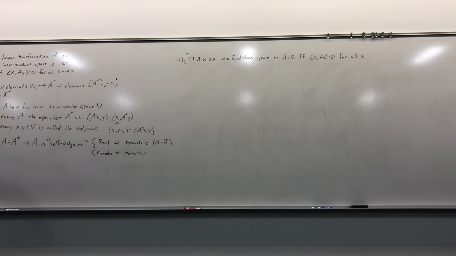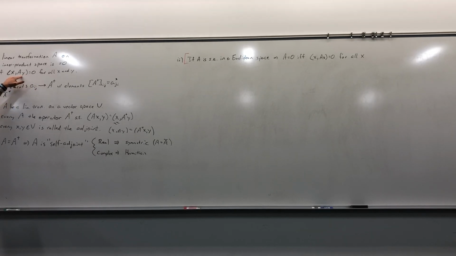We're only dealing with one vector. We're only dealing with x for the self-adjoint case. Yep. Go ahead. Now we only need x, we don't need y. So this is for all x and y.